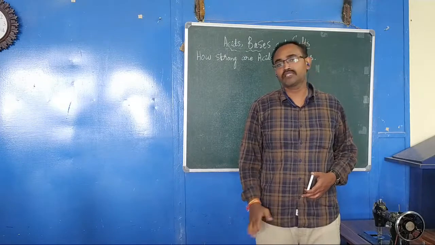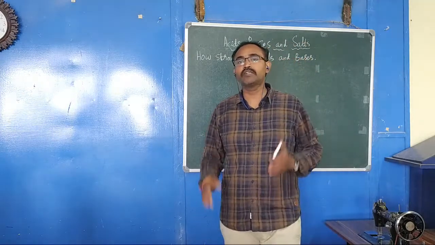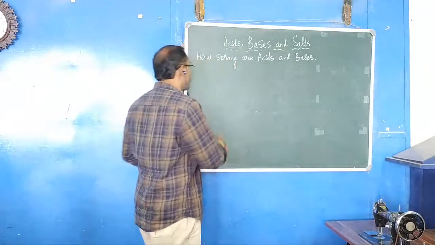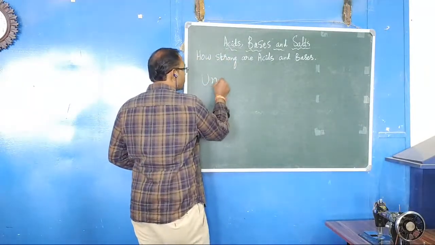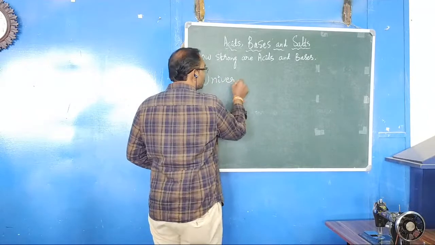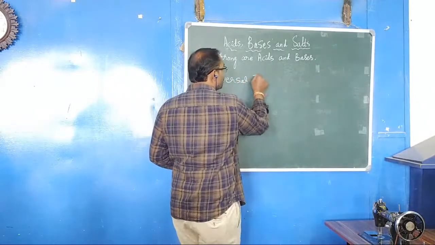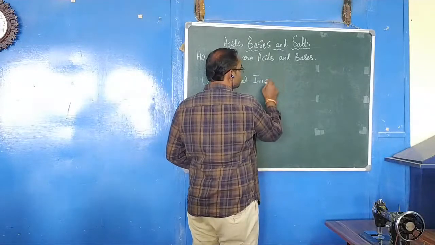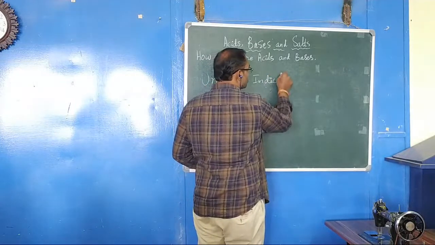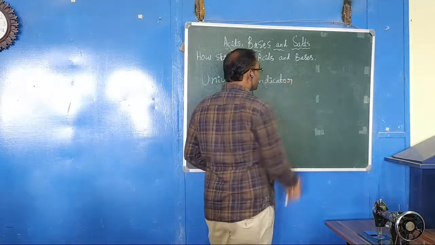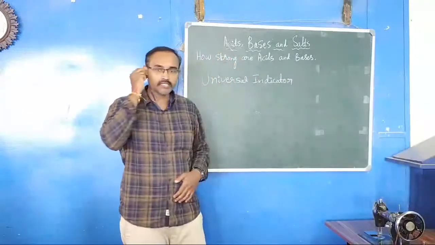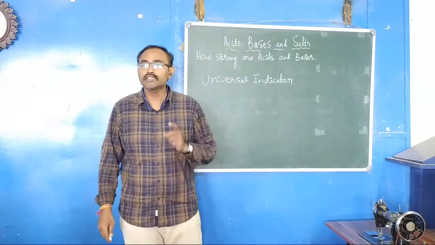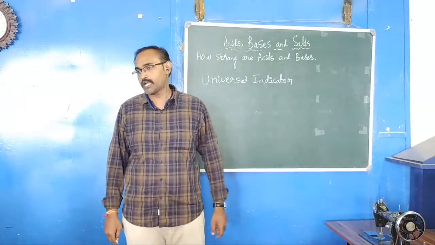So for this reason, we have developed a universal indicator. What is that universal indicator, if anybody knows? Which one is known as universal indicator? It is the pH paper.